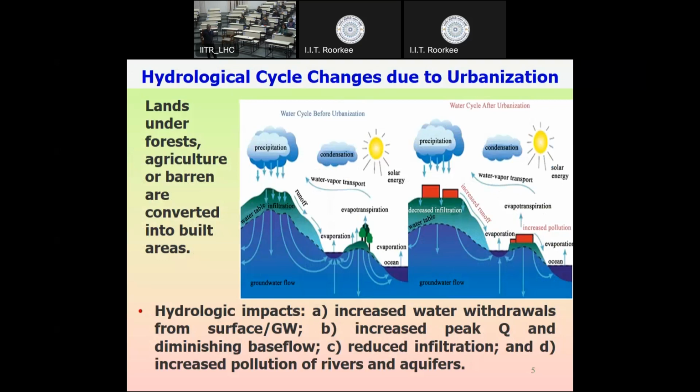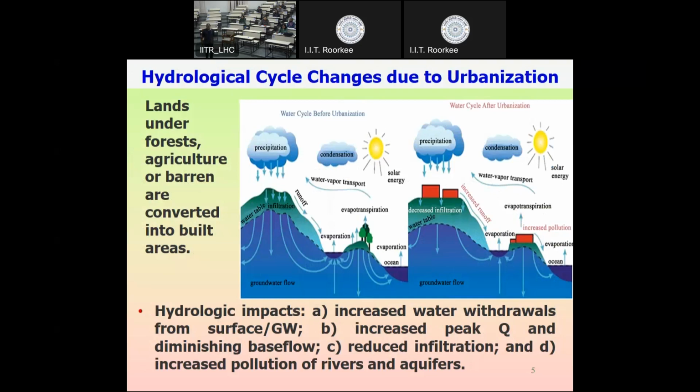Another reason is that in the urbanized area, you have more withdrawal, more use of water. So you are putting less into the groundwater zone, but withdrawing more. The combined effect would be that the water tables begin to fall. Now, as less and less rain infiltrates into the ground, more and more water will flow over the catchment surface, so surface runoff will increase.